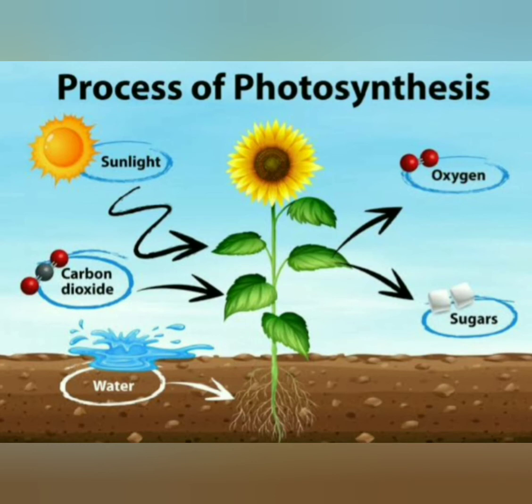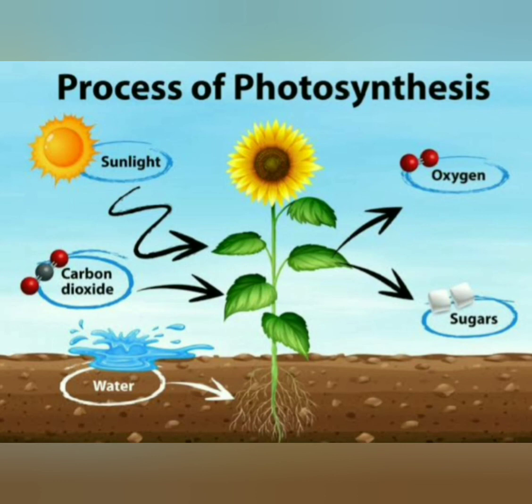Water and nutrients or minerals are absorbed from the soil through the roots, and sunlight and carbon dioxide are absorbed by the leaf of the plant.